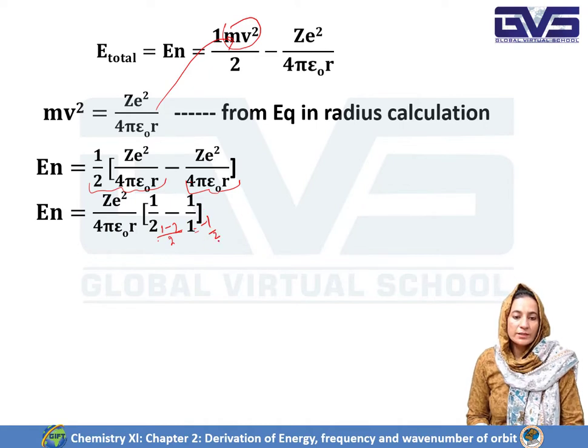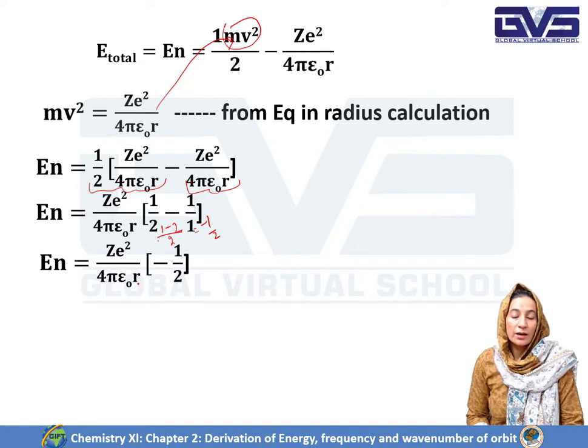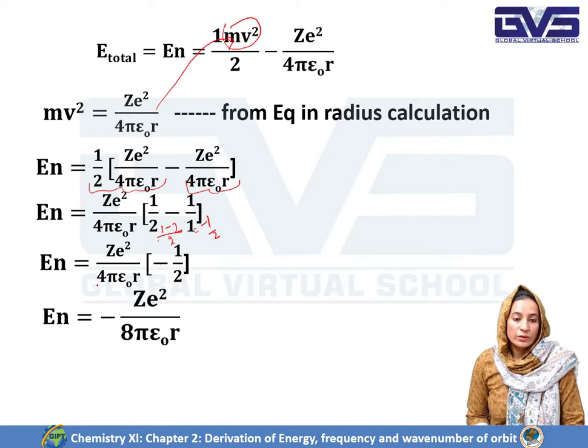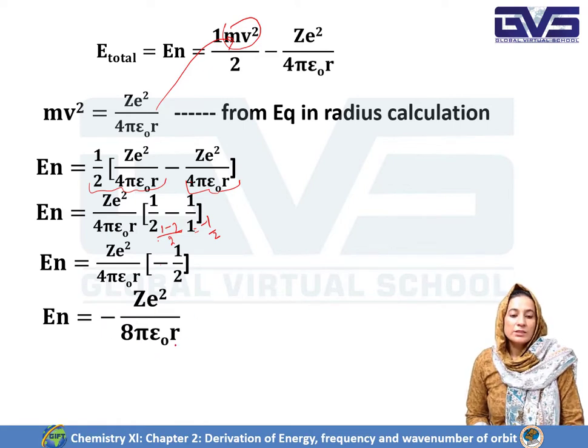So minus 1 over 2 is multiplied with ze square over 4 pi epsilon r, and the minus will be here and 2 will be multiplied with 4. You get minus ze square over 8 pi epsilon r, where r is the radius.